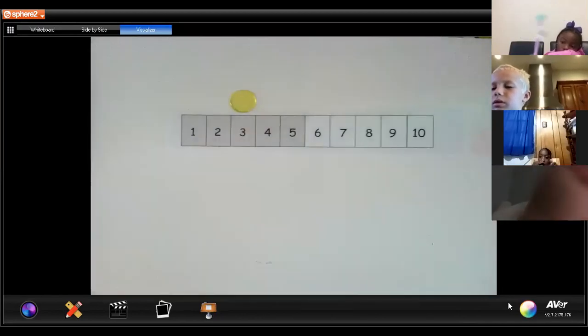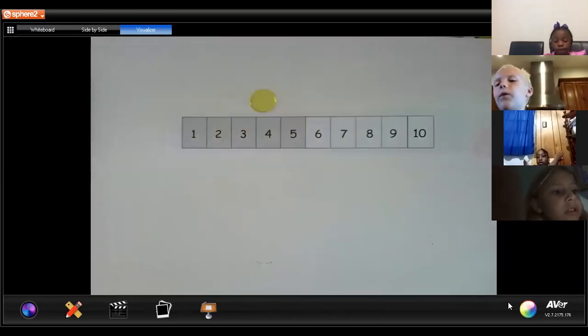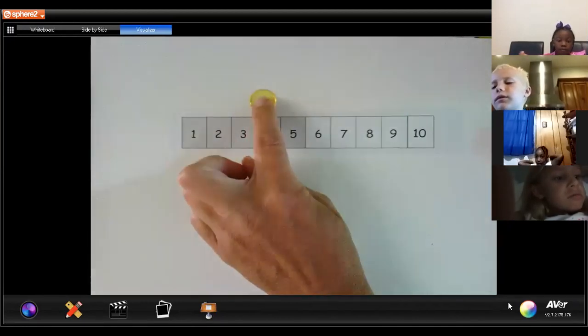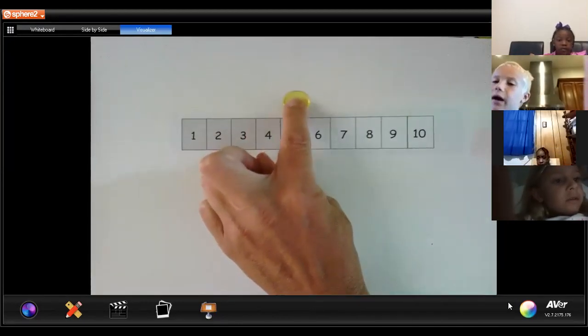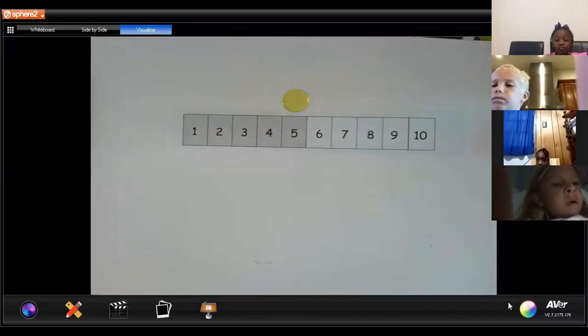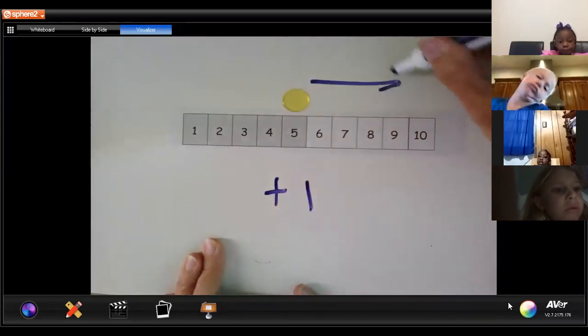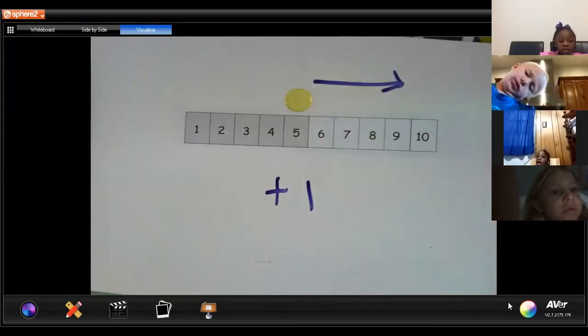What's 1 more than 3? 4. Let me hear everybody. What's 1 more than 4? 5. My poison dart frog is moving 1 time. Plus 1. Plus 1 means you go this way and the number gets bigger.